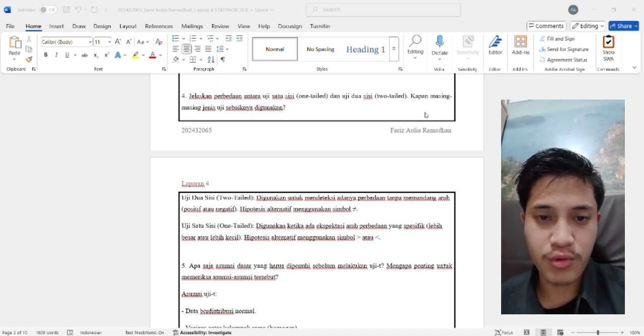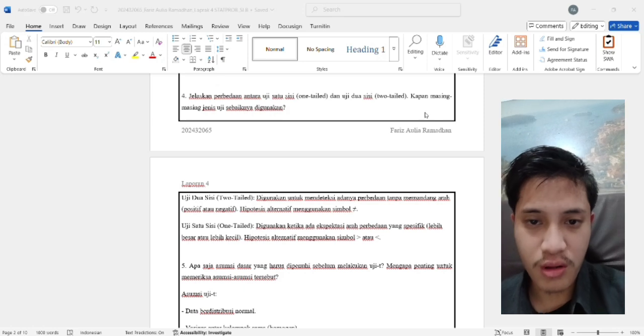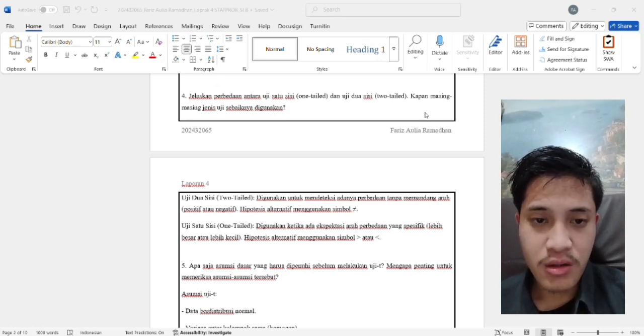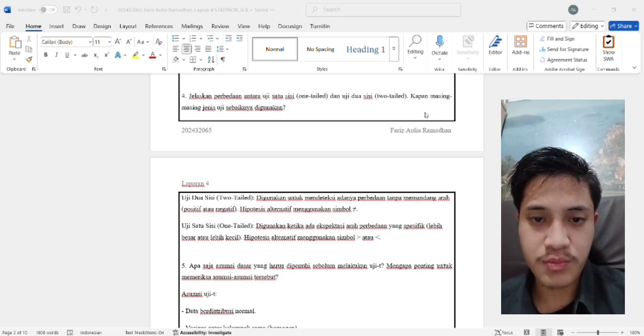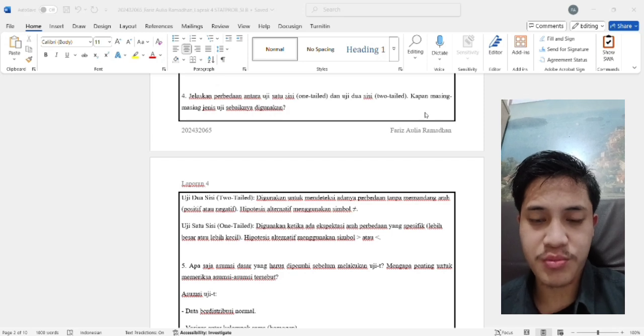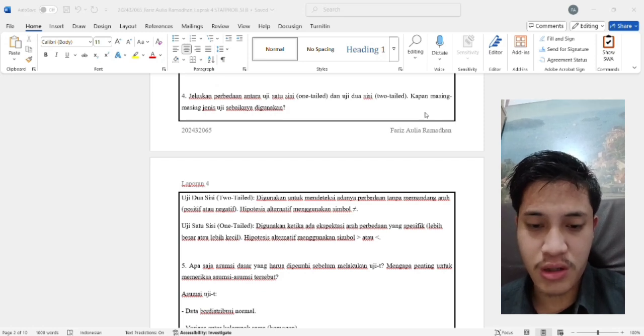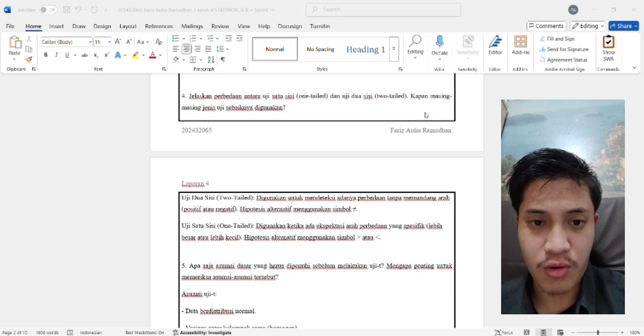The alternative hypothesis uses the symbol not equal. A one-tailed test is used when there is a specific directional expectation, greater or smaller. The alternative hypothesis uses the symbols greater than and less than.